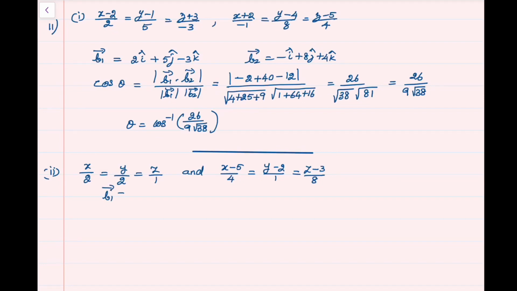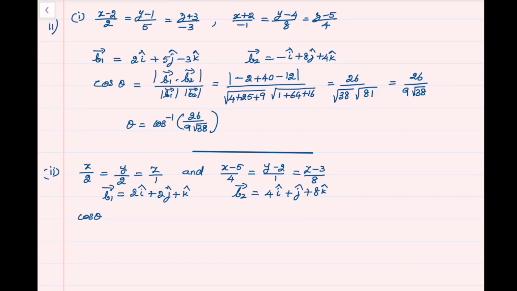B1 vector of the first line is 2i plus 2j plus k, and B2 vector of the second line is 4i plus j plus 8k. In this question also the equations are in the standard form. If line equations are given, check whether they are in the standard form before using them.